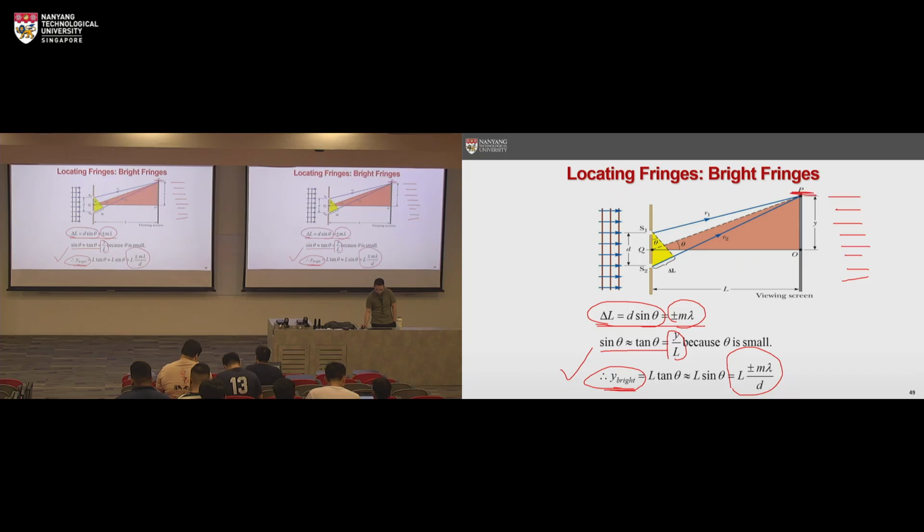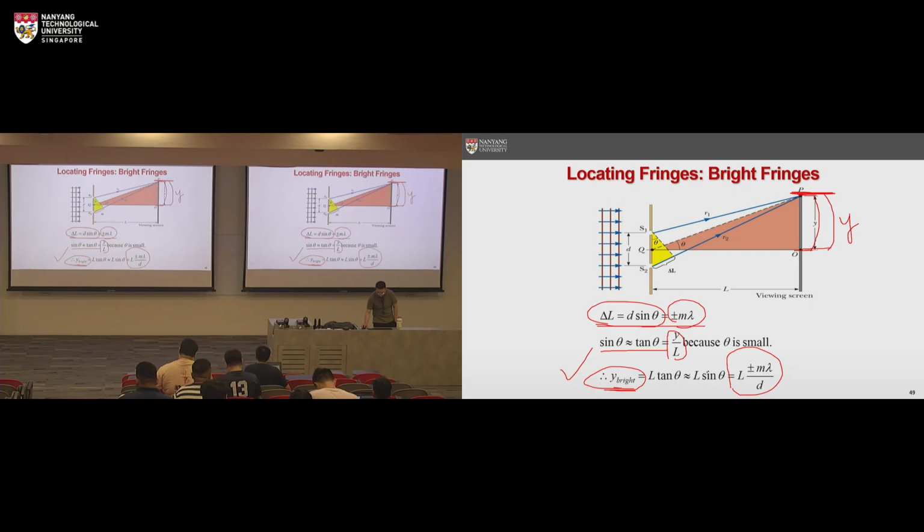Let's say this is your first fringe, it represents the distance from the center to the fringe. In reality, on the screen, you will see a series of fringes. So y is defined as the distance from the center, which is the origin, to the fringe.